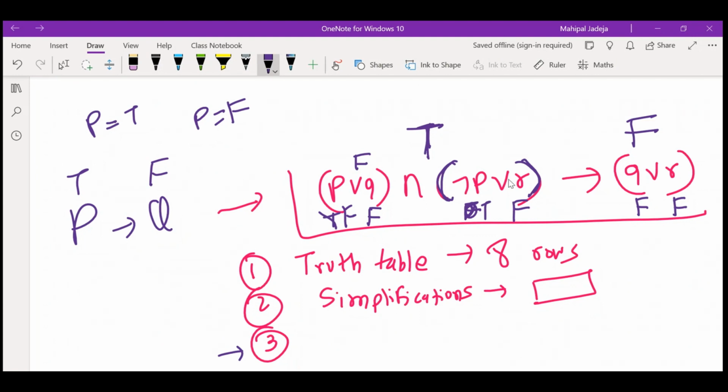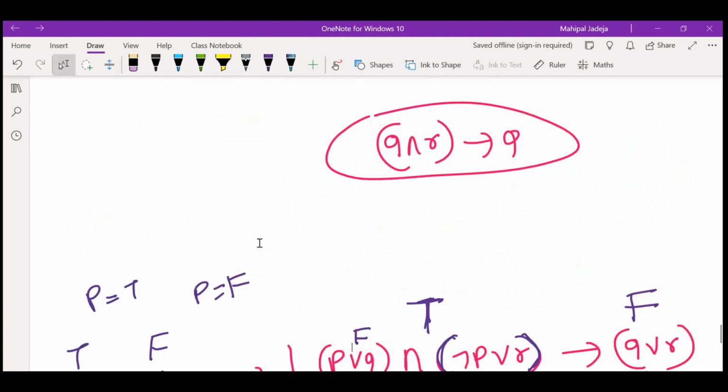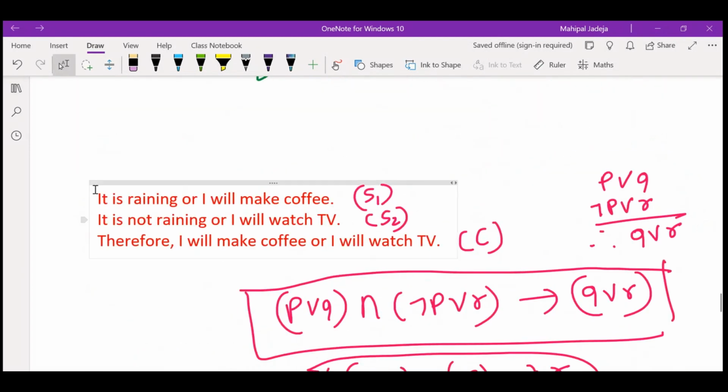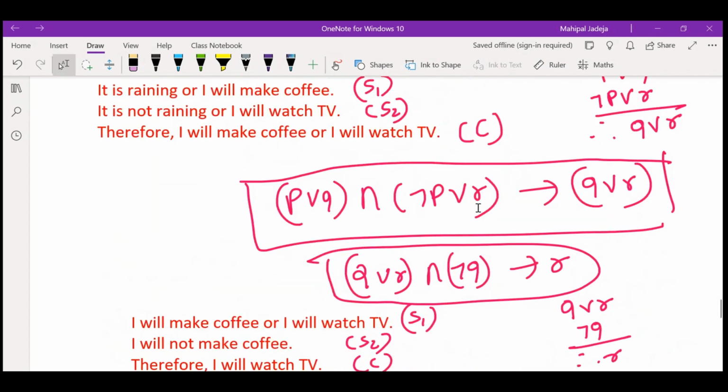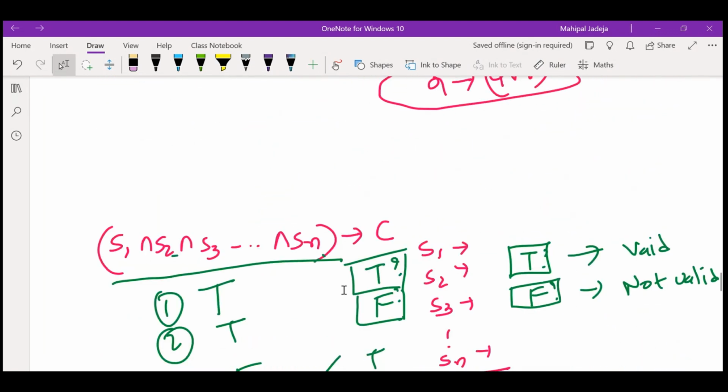Therefore we can say it's a tautology. Now you need to tell me which example this was corresponding to. This one, right? So we can say that this conclusion is valid. Do you understand this? Yes, sir. Okay, fine. So now let's quickly learn about these rules, what they are called, one by one.